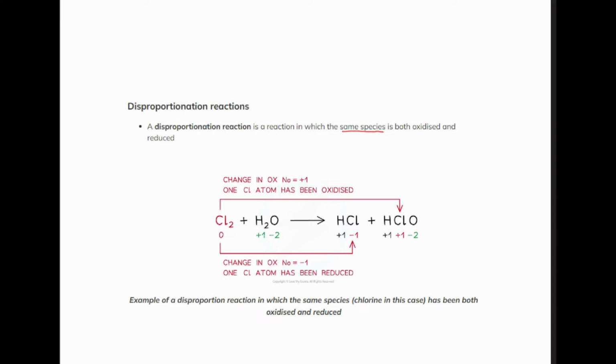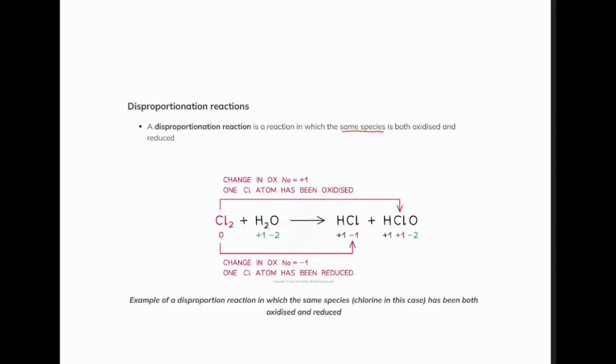For example, chlorine. You can see chlorine here, Cl2. The oxidation number is 0 because this is an element. Then it changes to this one, and when we count the oxidation number, we realize this is positive 1. So 0 to positive 1 is an increase in oxidation number, so it's oxidized.